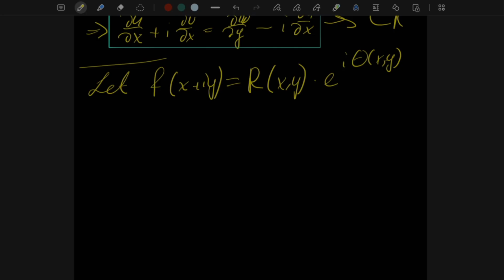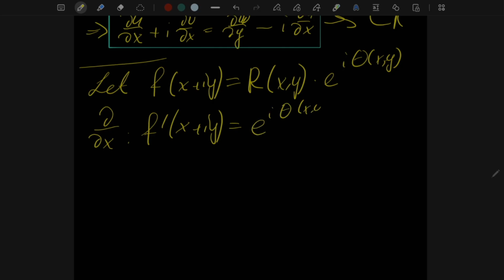Now, when we differentiate by x, we get the same thing. So d by dx here is yet again f prime simply. So when we differentiate r, nothing changes. When we differentiate theta, this r remains the same, but we also get i and theta prime from up there.